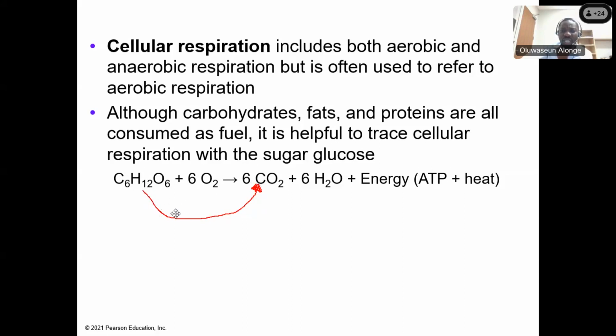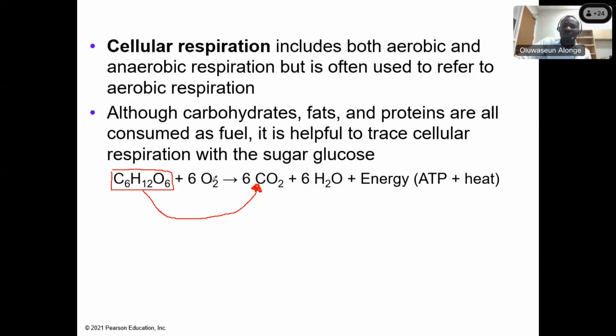If this was oxidized to become carbon dioxide, then that means if there are two partners here and one of them became oxidized, it's the other partner that oxidized it. This cannot oxidize itself. It would have only been oxidized because somebody has oxidized it. A car should not move by itself except somebody moved the car. So if this guy became oxidized to become CO2, it means something oxidized it.